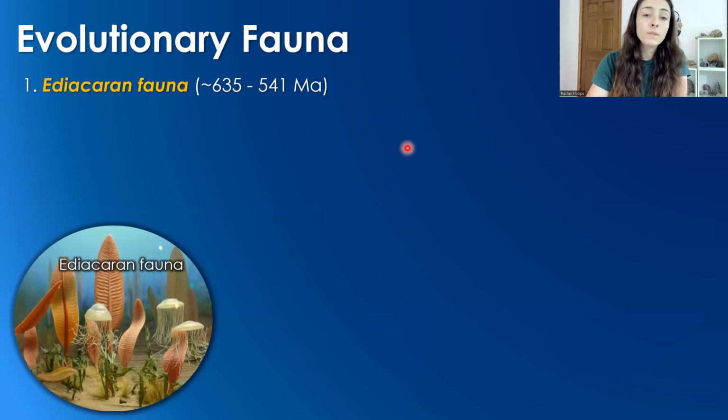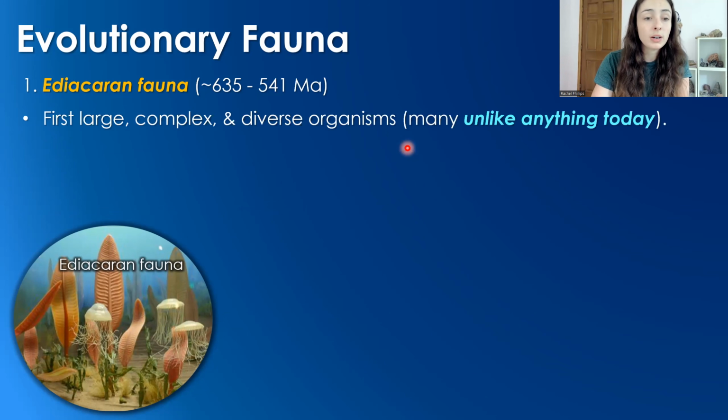So first off, we had the Ediacaran fauna, which marked the first appearance of large, complex, and diverse animal life, but many were unlike anything today. So they were kind of like before the modern phyla, the modern major groups of animals, evolved.